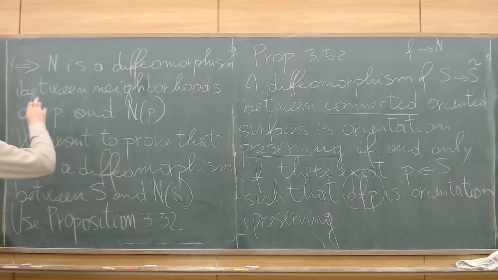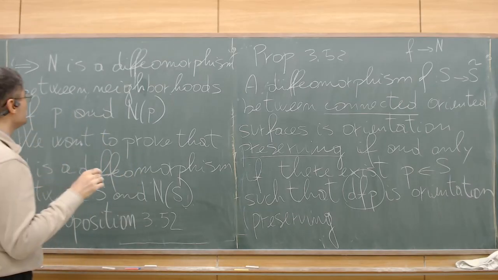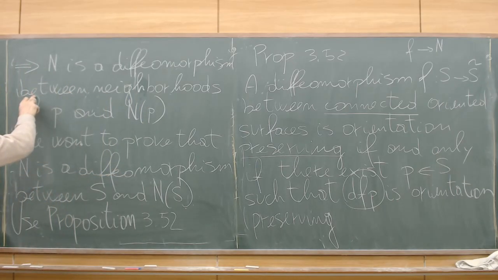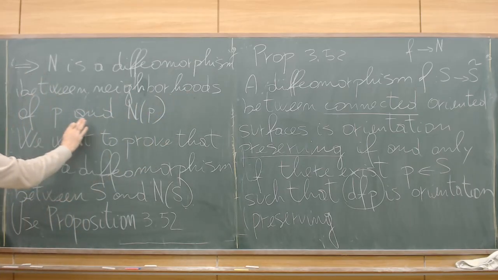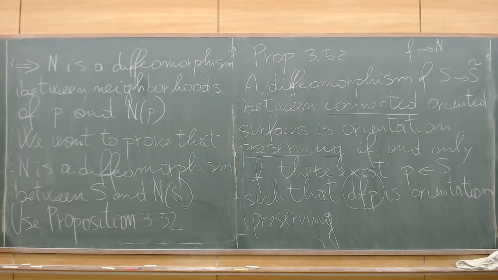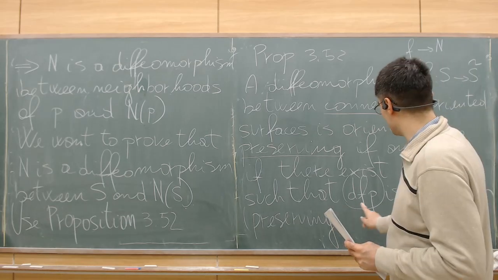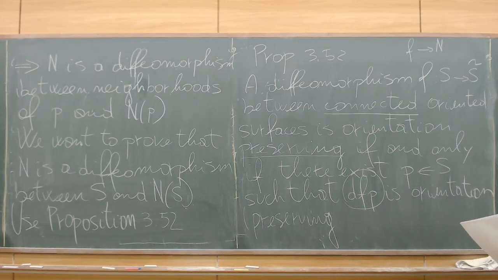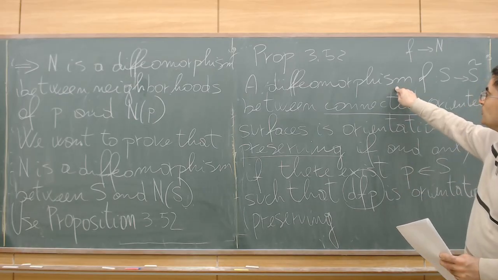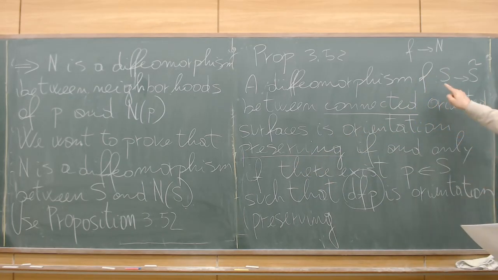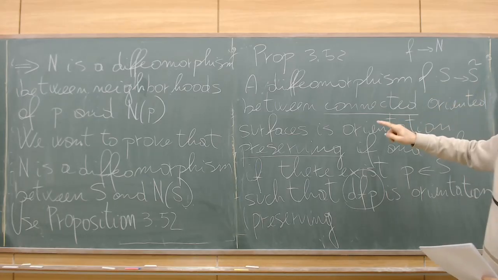So if we take smaller neighborhoods of P and N of P, I can suppose that they are connected, and then we have that this is true, that the Dn of P is orientation preserving, and this means that the original diffeomorphism N is also orientation preserving between S and S2 with their orientations.